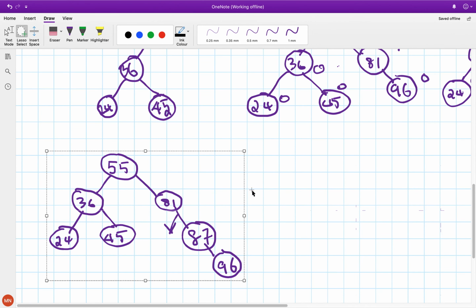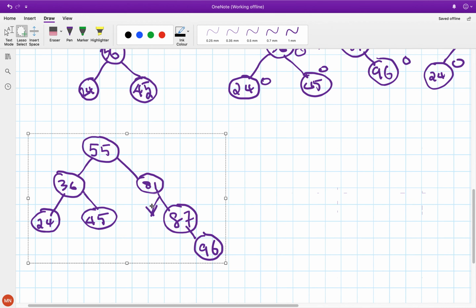Okay, now we will have to move this 81 to the left. If you move the 81 to the left, this 81 will be on the left side of 87, then 87 will be connected to 55 directly.